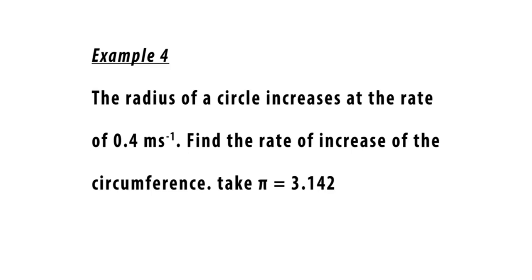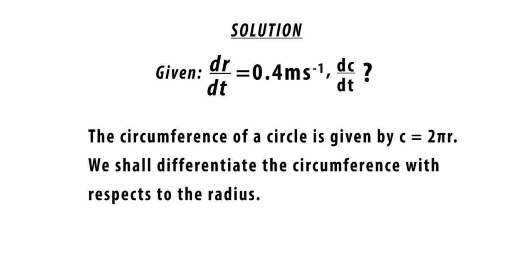Let's take the solution. We have been given dr/dt, and that is 0.4 meters per second. Now we want to find dC/dt, that is, we want to differentiate the circumference with respect to time.